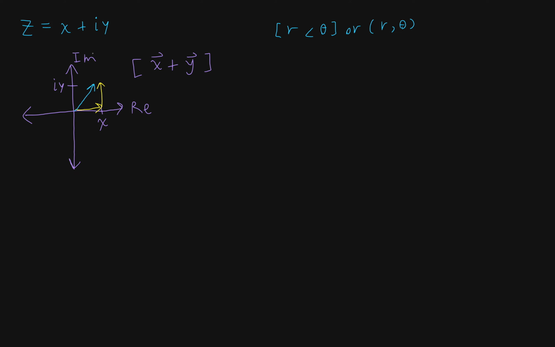So let's draw the complex number plane. We're going to have it like this. And so we're going to consider this from a trig perspective. Okay. So this is still going to be our x and then our iy.